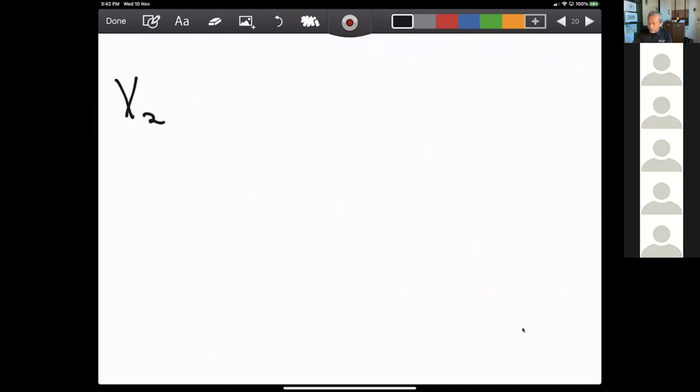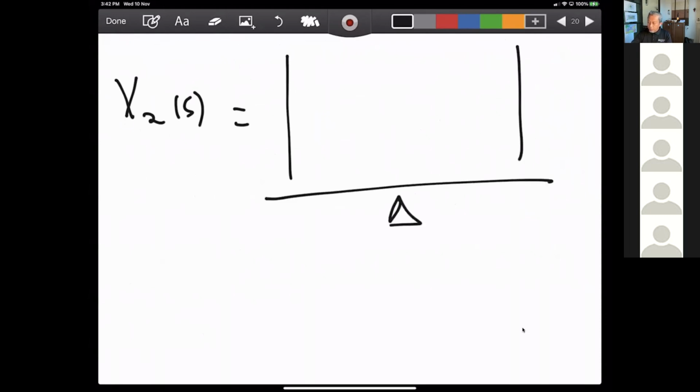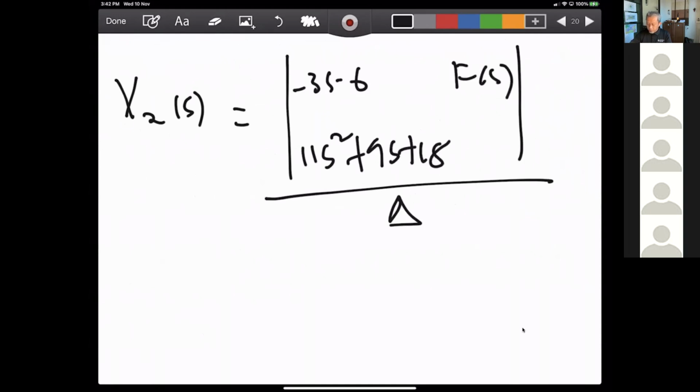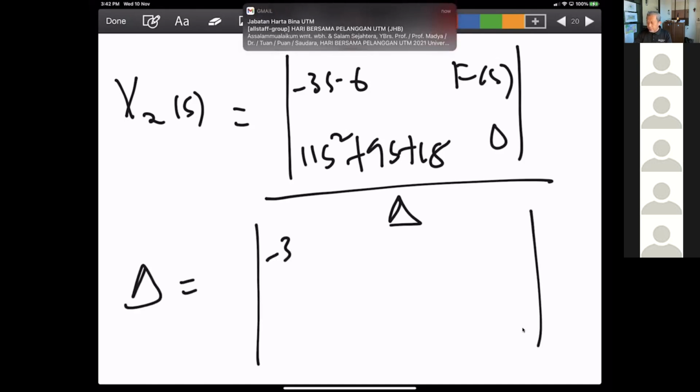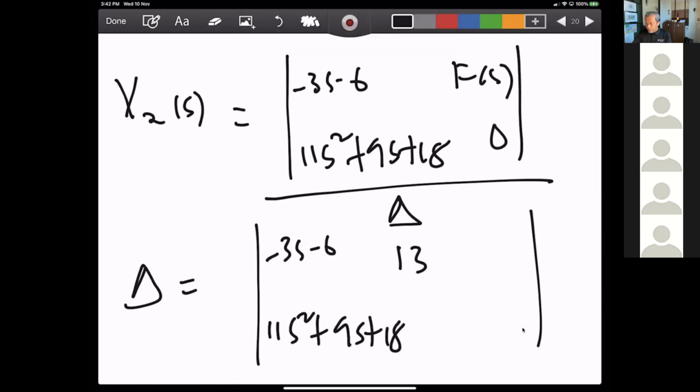So X2, like just now, using RLC, which is minus 3S minus 6. Delta is there.